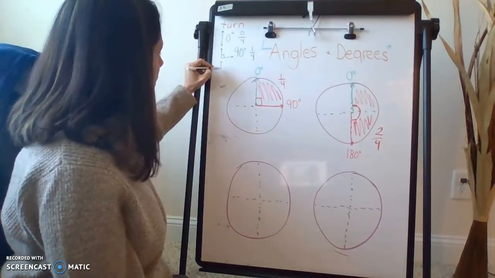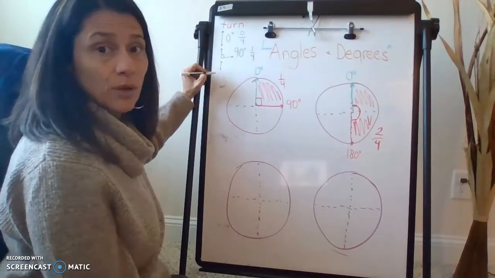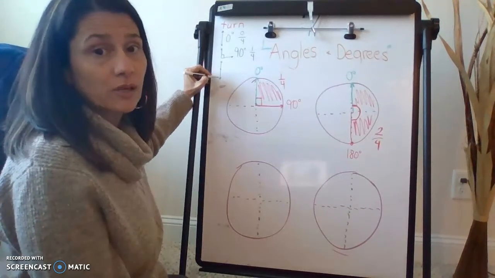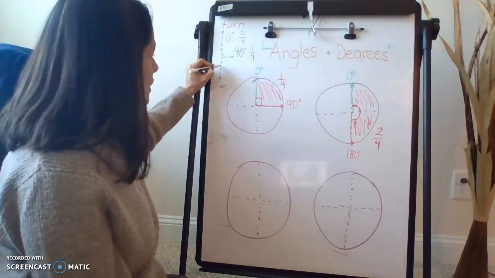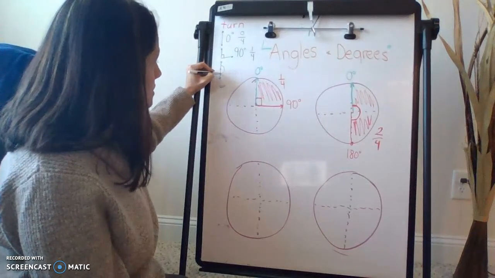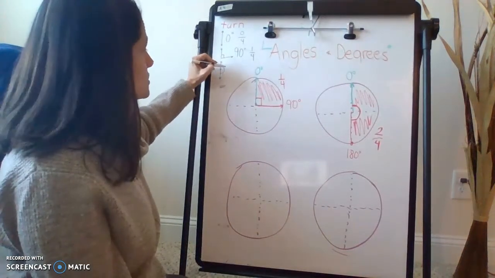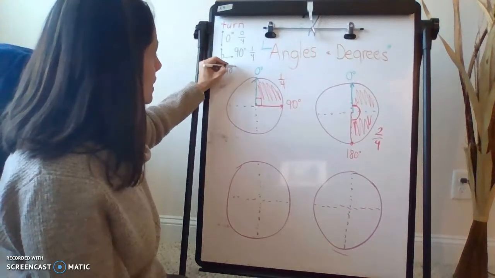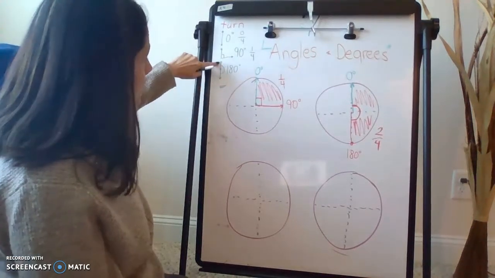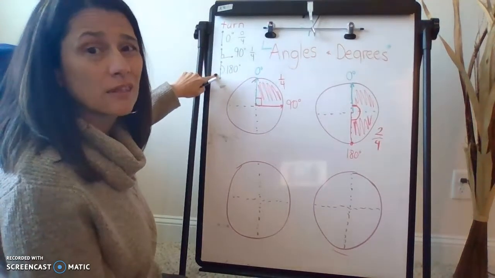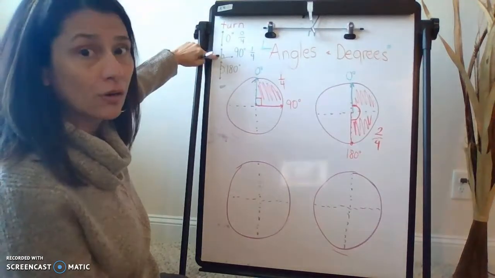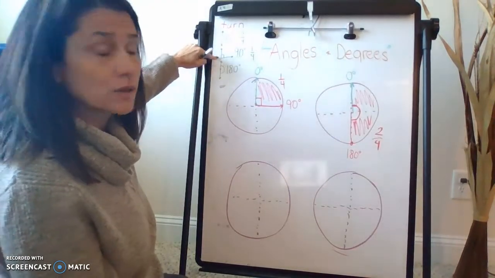It has a ray going this way, has the middle of my circle down, and don't worry, I have a bigger chart if it's hard to see. Then you look for your half circle symbol. That means I've done 2 turns, and that's 180 degrees. So if you see a straight line, that's 180 degrees. If you see a right angle, it's 90 degrees.